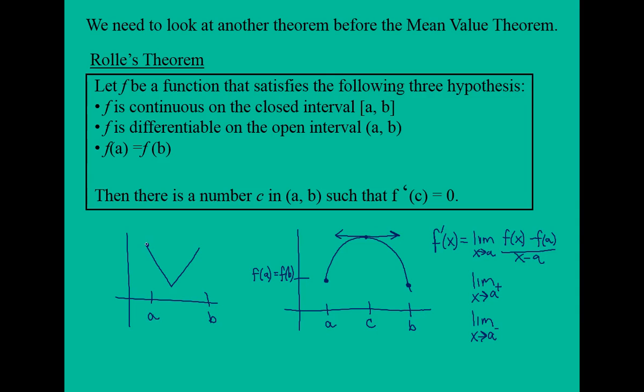Now, f of a equals f of b. It is continuous, but this is not differentiable on the open interval at c. And we know, because this graph comes to a point, it's not differentiable. Because if we tried to say the slope of the tangent line is 0, that's not true. But this function is not differentiable at c.